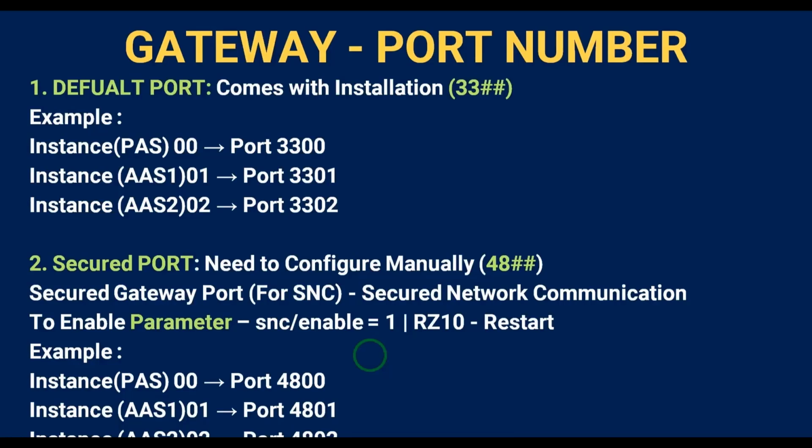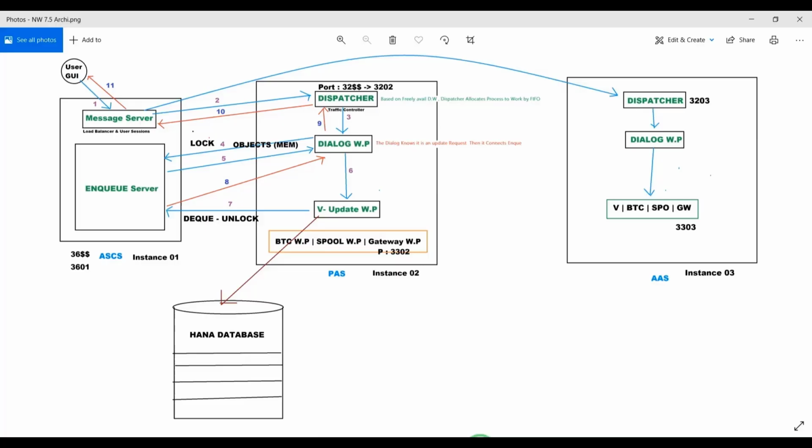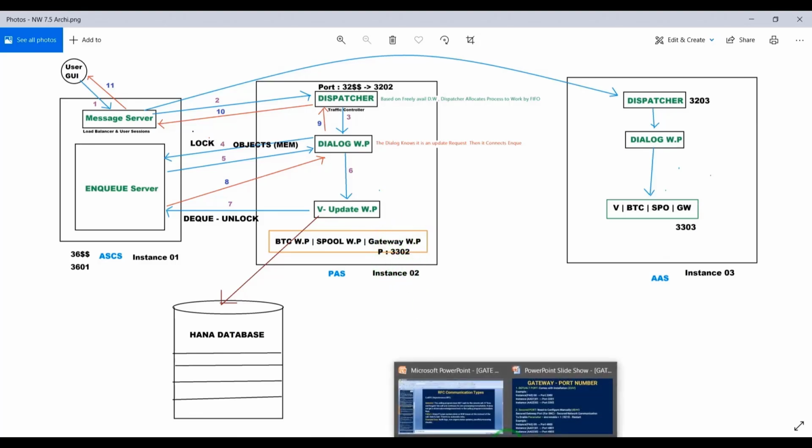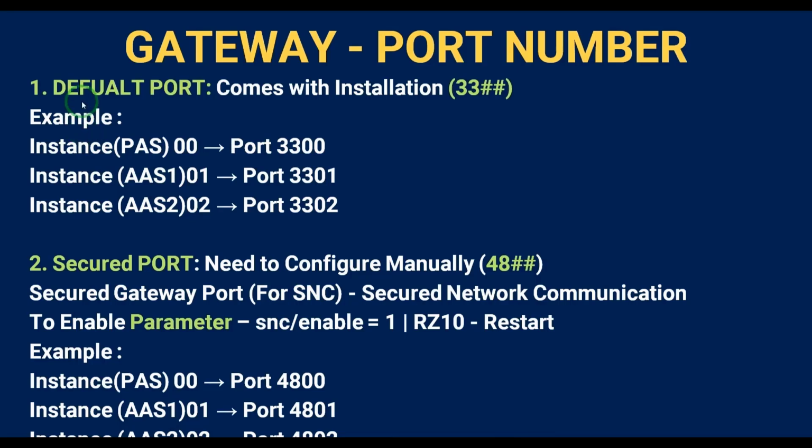And next, gateway port numbers. What are the port numbers we have with the gateway? See here, by default we get 33 as the gateway port number. That's the default port number that comes with the installation. Whenever you install SAP into the system, we get 33 followed by the instance number.